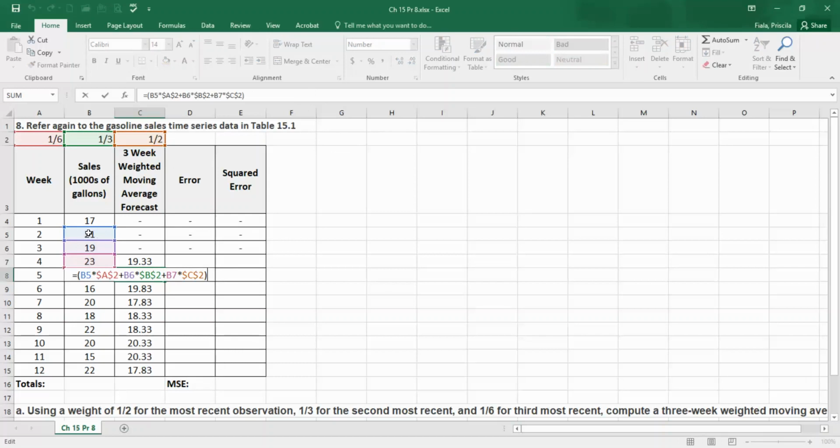We're starting on week 2, right here, B5, column B, row 5, B5 times the oldest value by 1/6, plus my second value, B6, times my second most recent, which is 1/3, plus the last one, the most recent, times 1/2. And that's how we did it for the whole table.